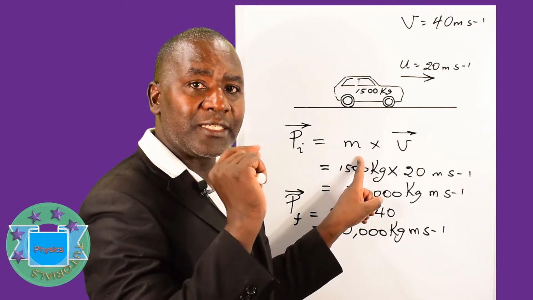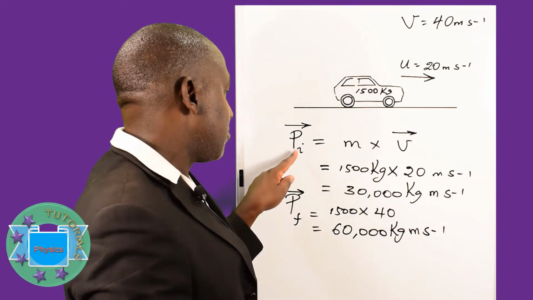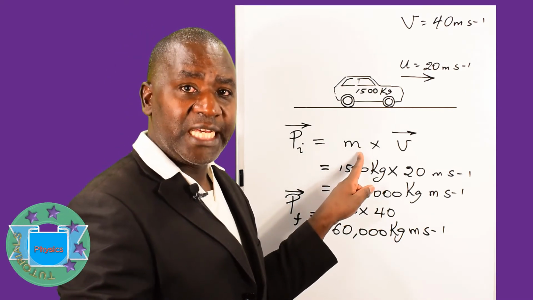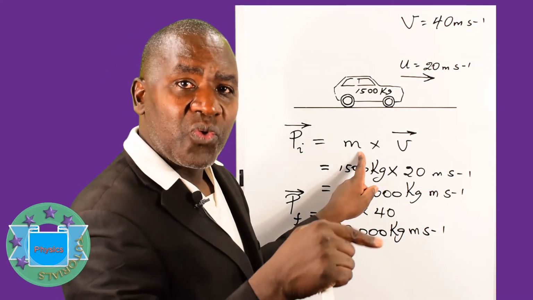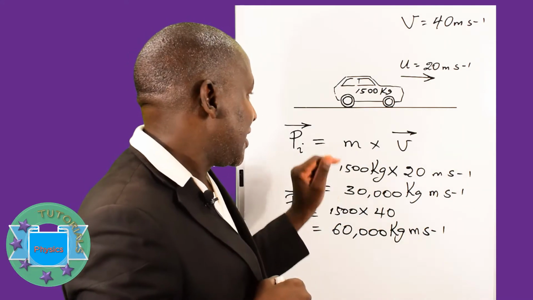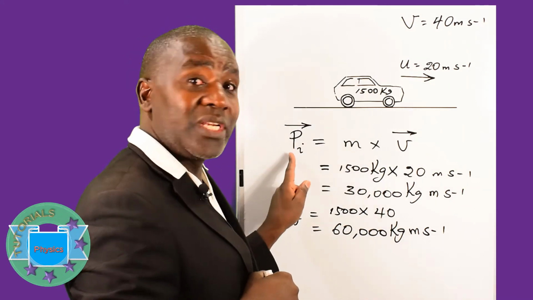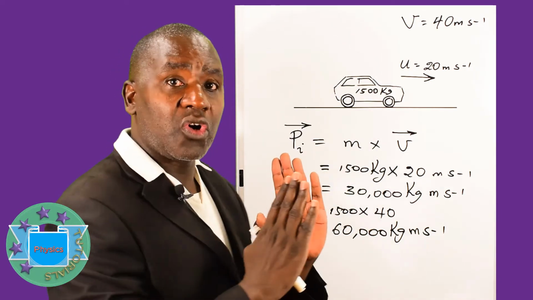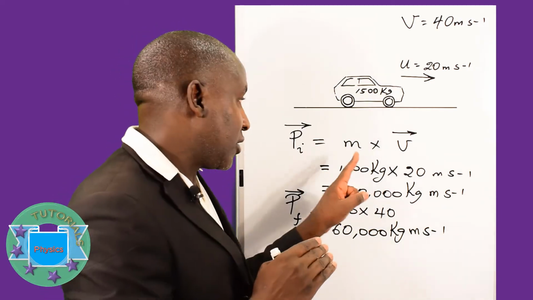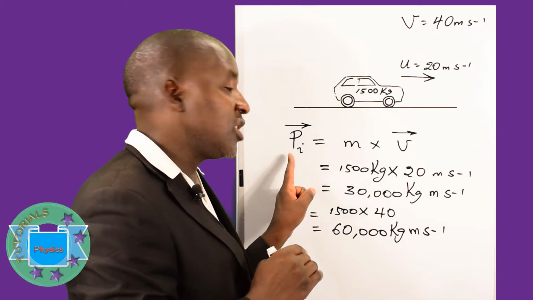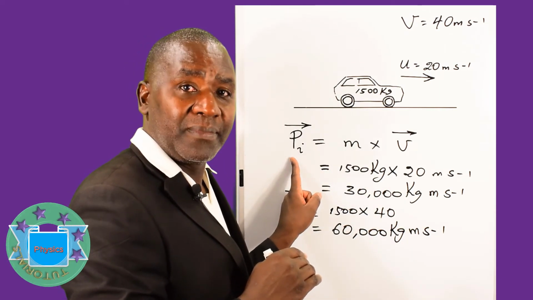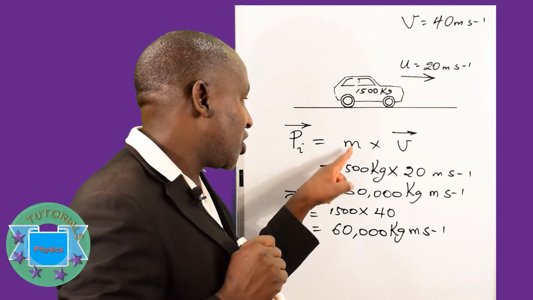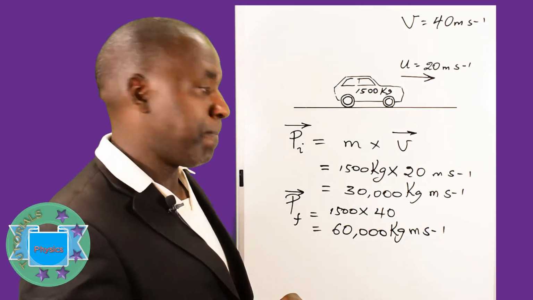In that case, we say that momentum depends on the mass of the object. It is not the other way around. We do not say that the mass of the object depends on its momentum. I hope you're getting this, because there are certain things which obviously cannot change. We cannot change the mass of the object by changing its momentum, but we can change the momentum of the object by changing its mass.